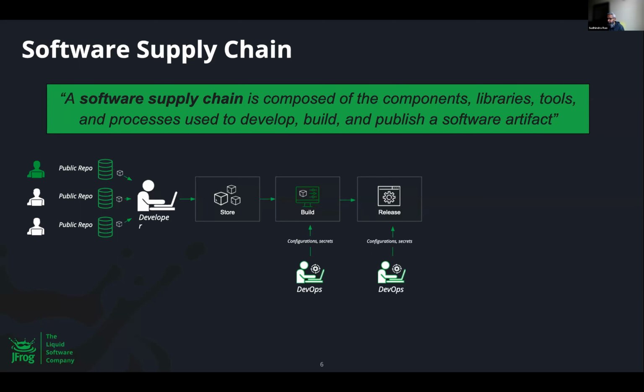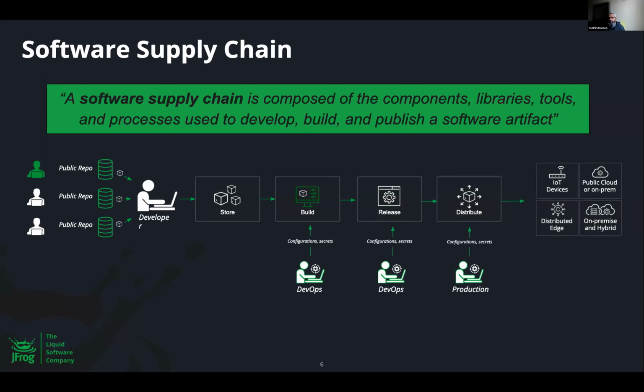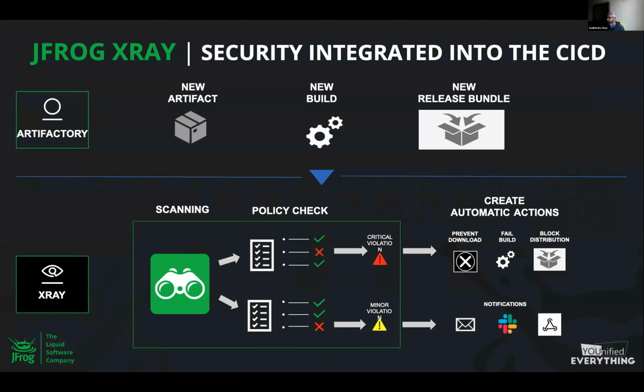That involves things like configuring secrets, and at some point in the SDLC lifecycle you distribute to production. Distribution to production means to IoT devices, or public or private cloud, and everything in between, or to the distributed edge.